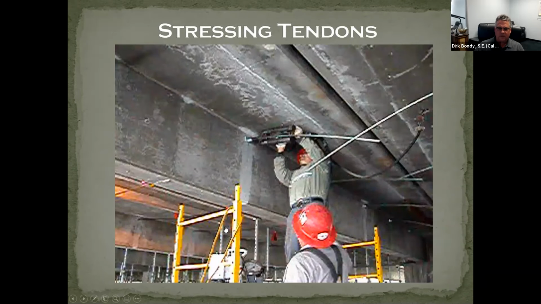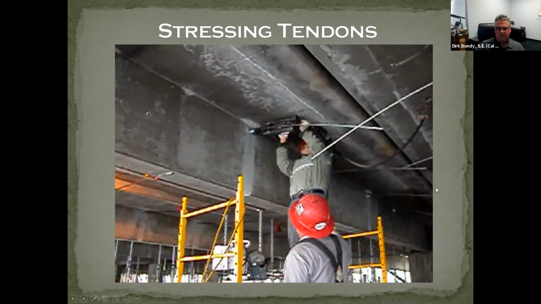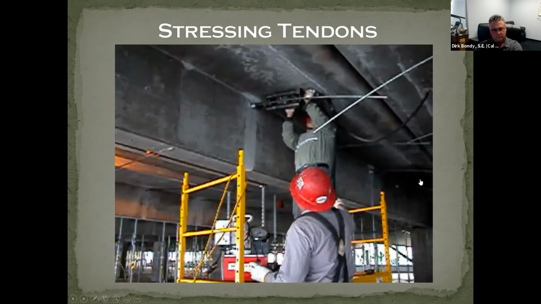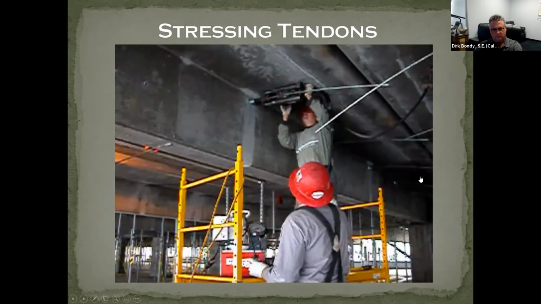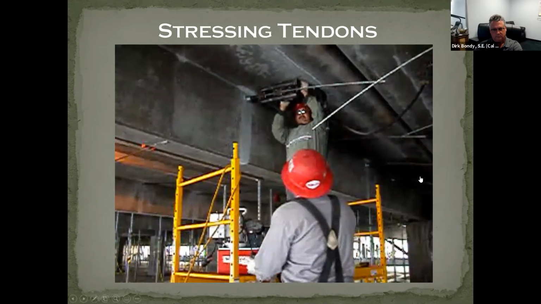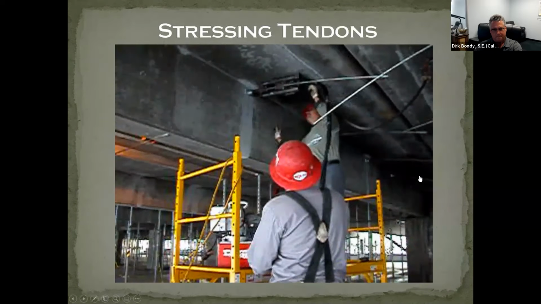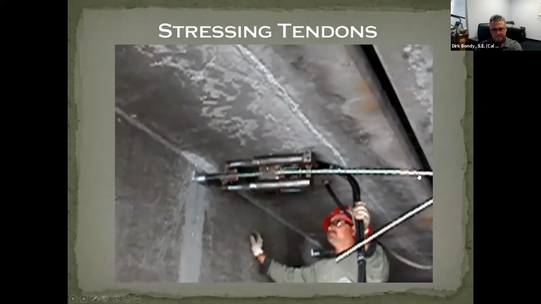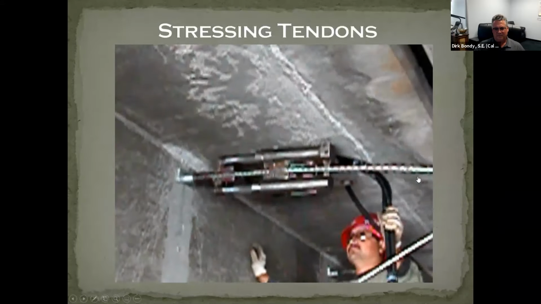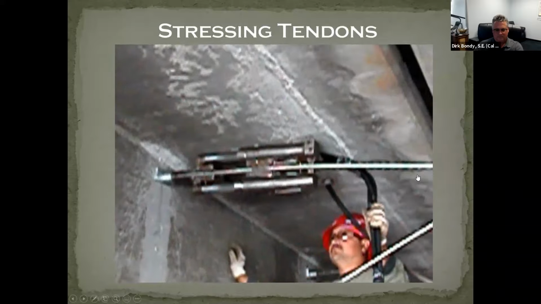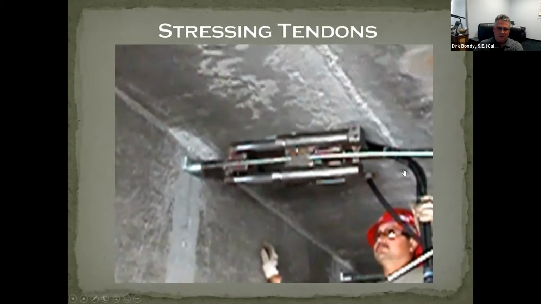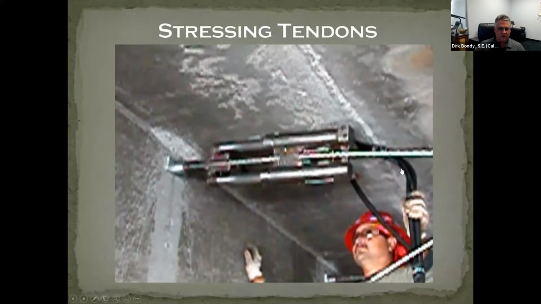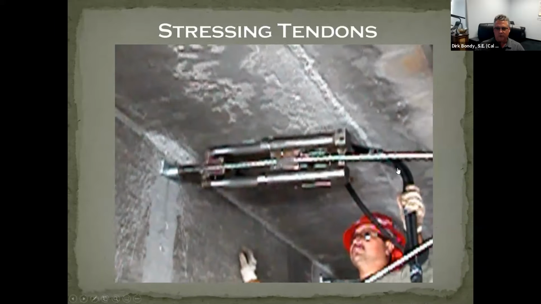I asked the guy doing this to turn the jack toward us. That's the hydraulic jack first taking out the slack and then literally stretching the tendon to get the force into it.